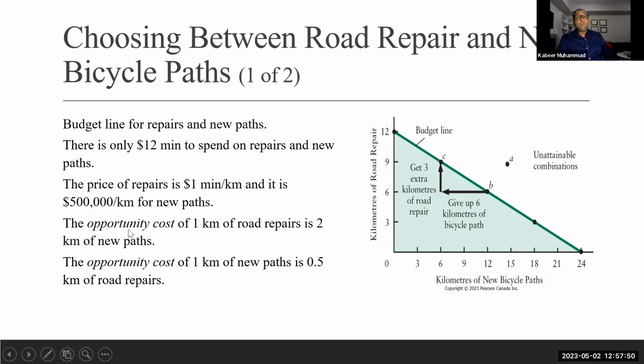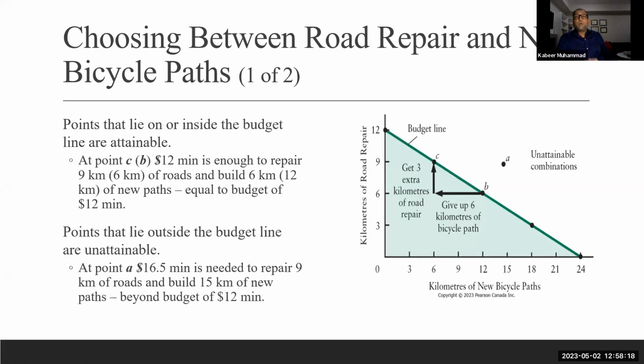So the opportunity cost of 1 kilometer of road repair is 2 kilometers of bicycle path, and vice versa: the opportunity cost of 1 kilometer of new path is 0.5 kilometers of road repair. The opportunity costs are reciprocals of each other. That's the way we calculate opportunity cost.